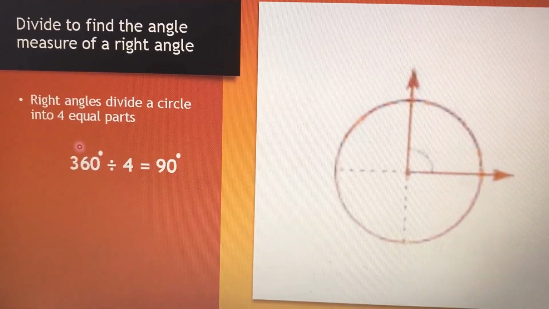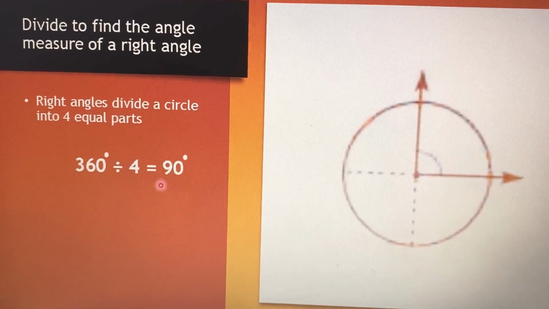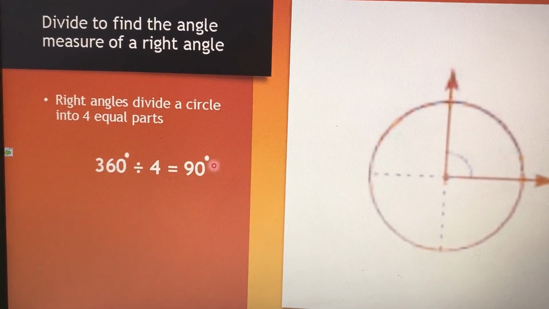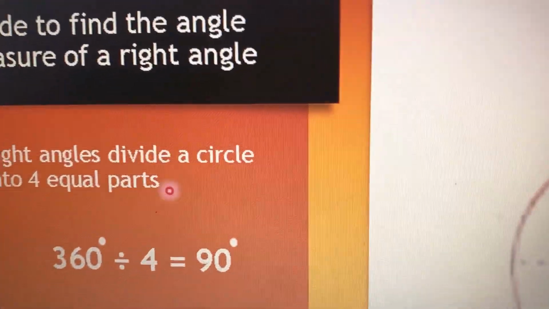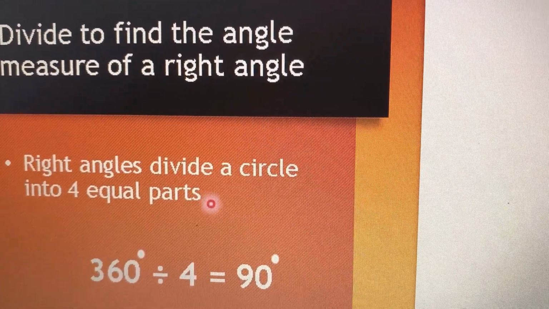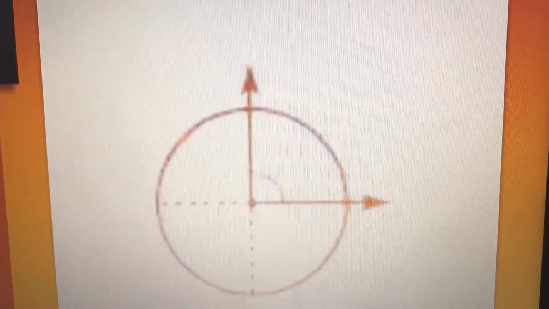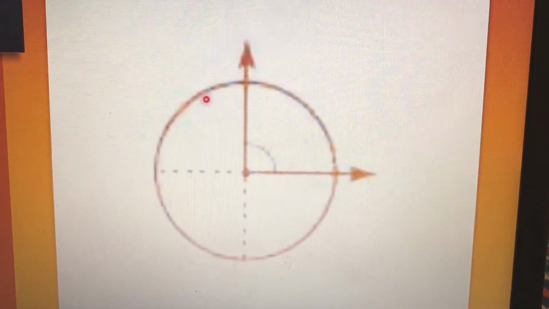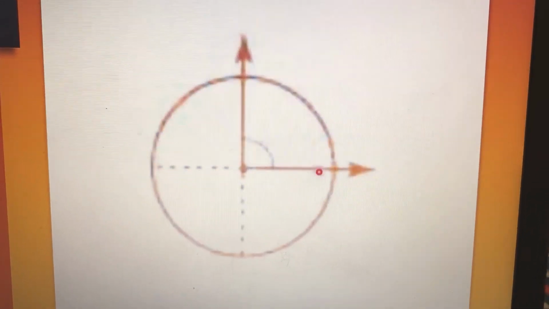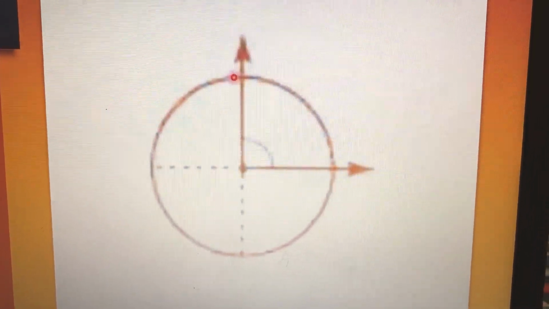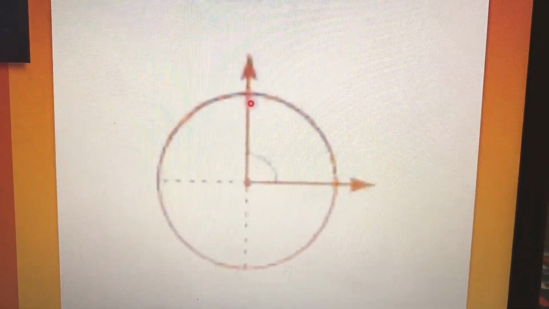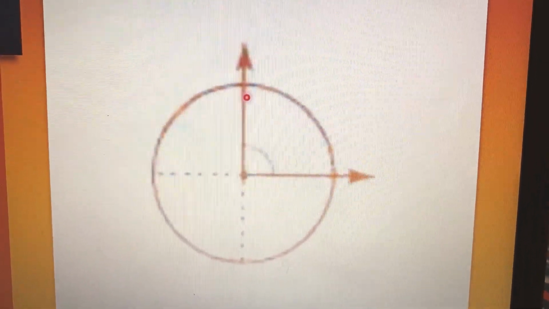To find or to measure a right angle, I can use division. How? Let's look at this circle. Like I said before, one whole circle measures 360 degrees, so I can find it by using division.